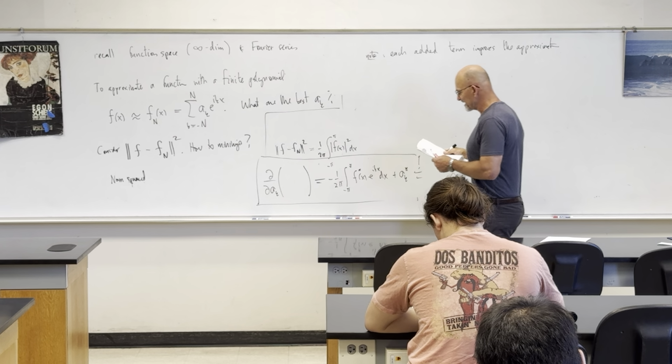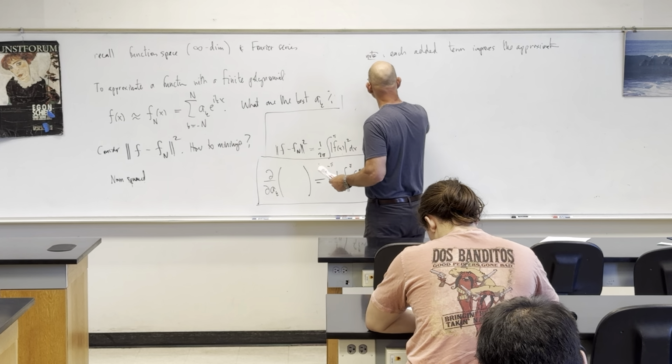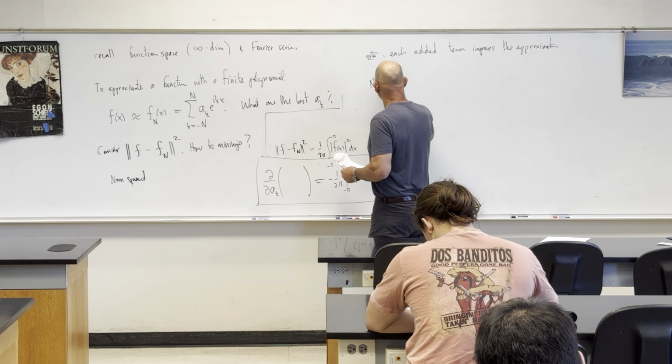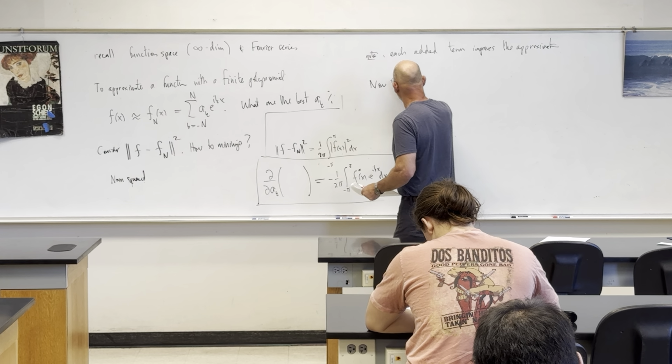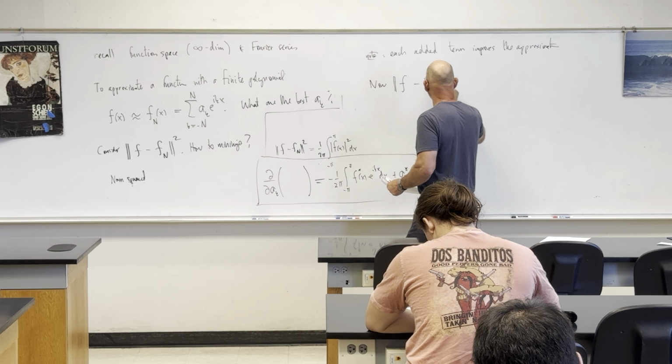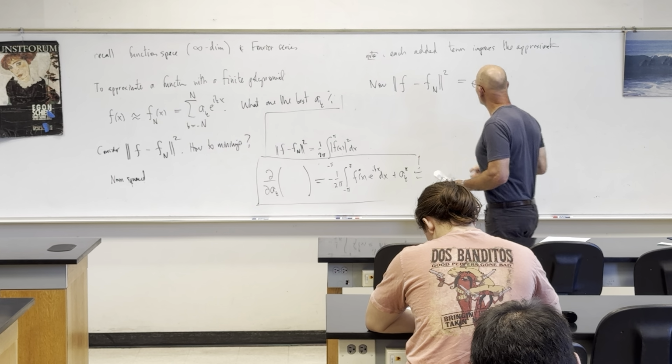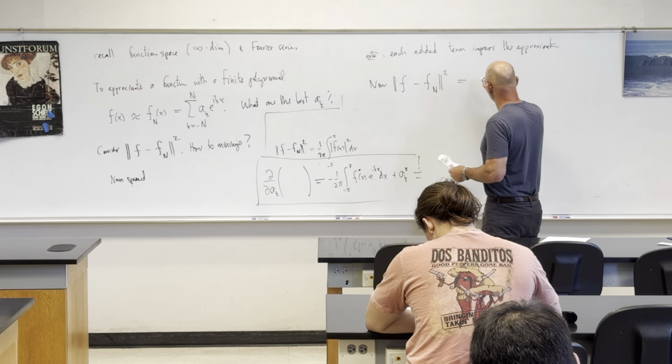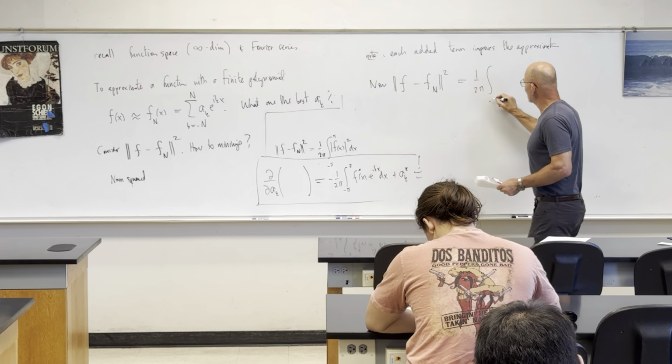And now if we plug these in, now we have this. Again, we're finding the norm of f_n squared. We plug in those results, we end up with 1 over 2 pi, this is the first one, integral of f of x squared dx.